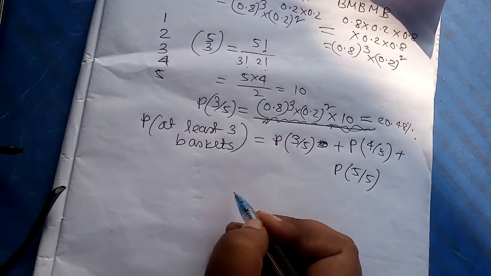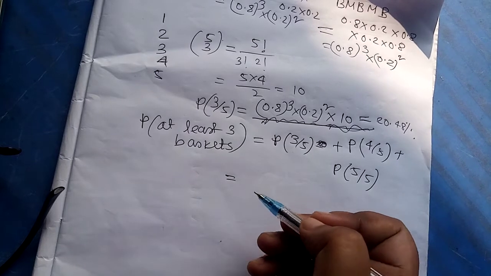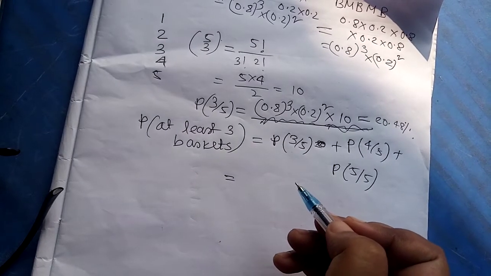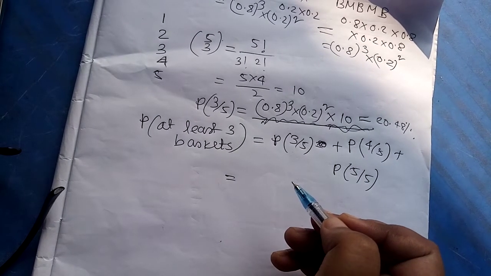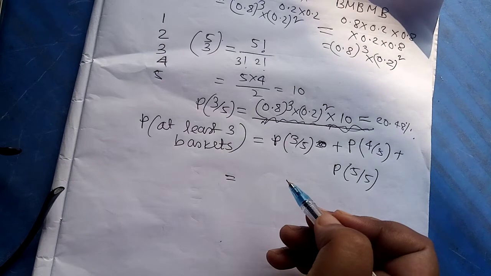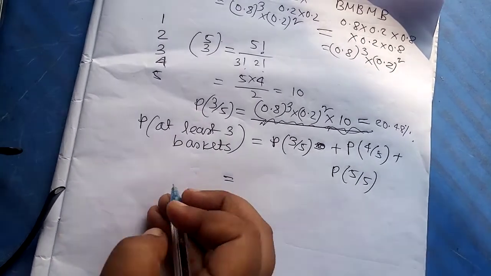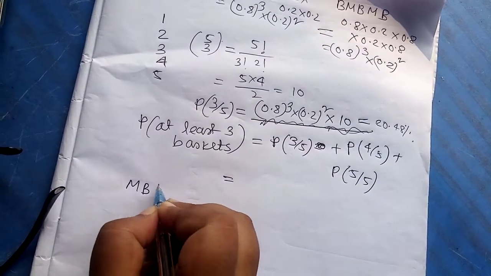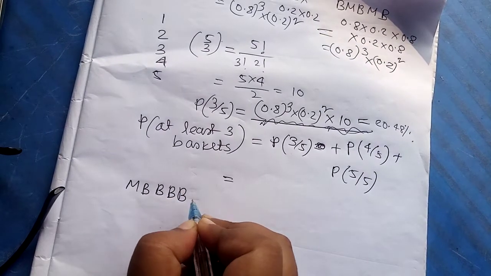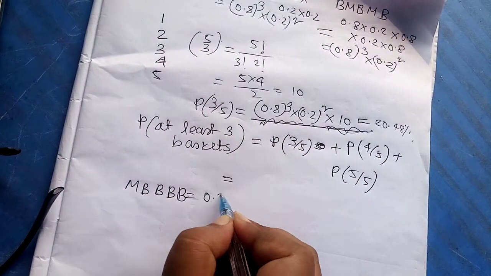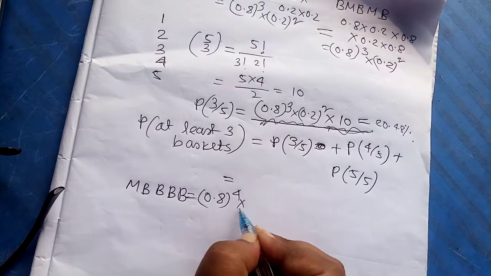Well, once again, if we want exactly 4 out of 5 baskets, an example could be basket, basket, basket, basket, miss. What's the probability of any one of the combinations where I make 4 baskets? Well, it's going to be 0.8 to the 4th times a 20% chance of that 1 miss.